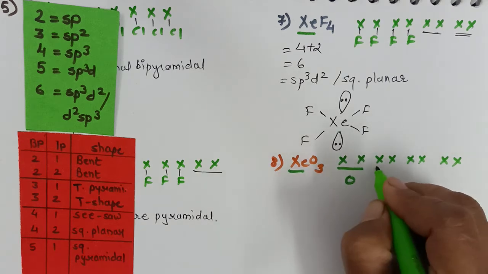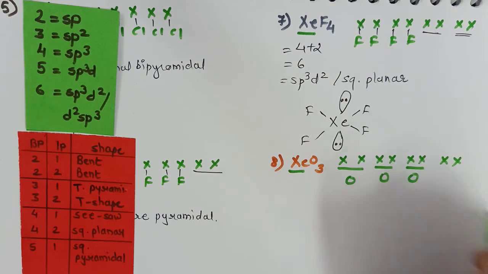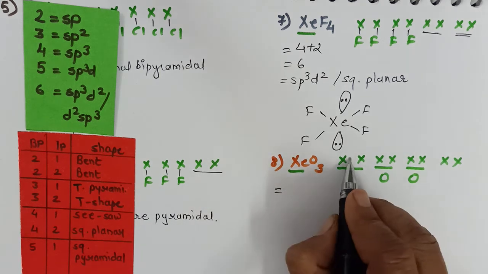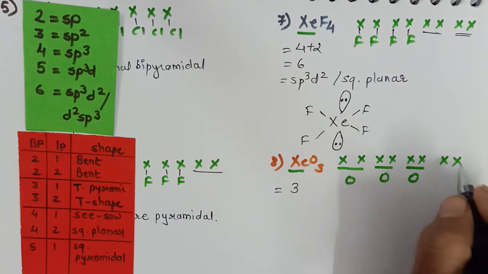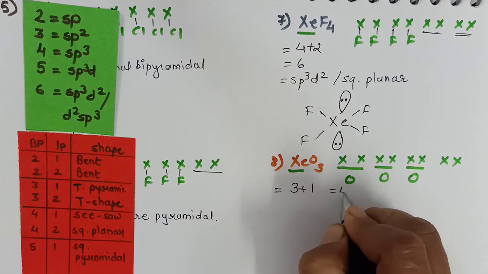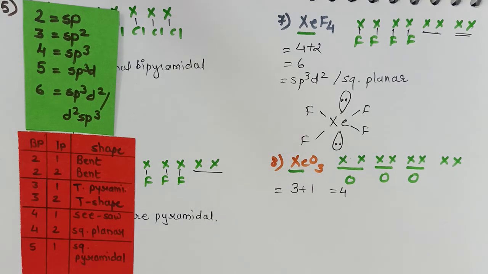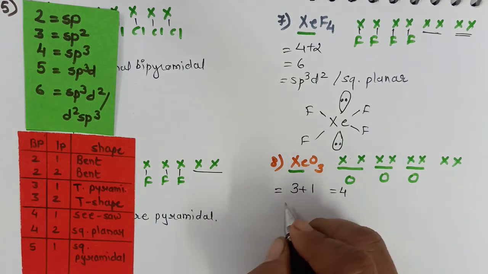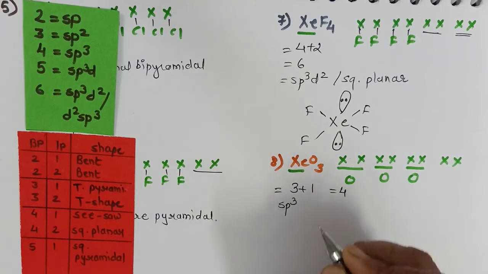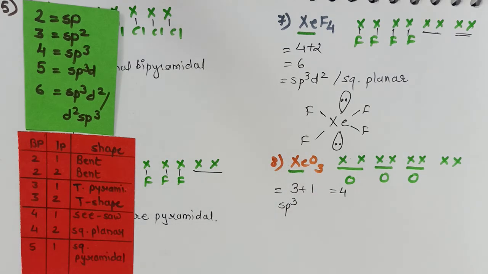So one oxygen, another oxygen, and this is the third oxygen. So here I can say that 1, 2, 3 bond pairs and 1 lone pair will be left out, giving the sum as 4, and therefore in XeO3 xenon undergoes sp3 hybridization.